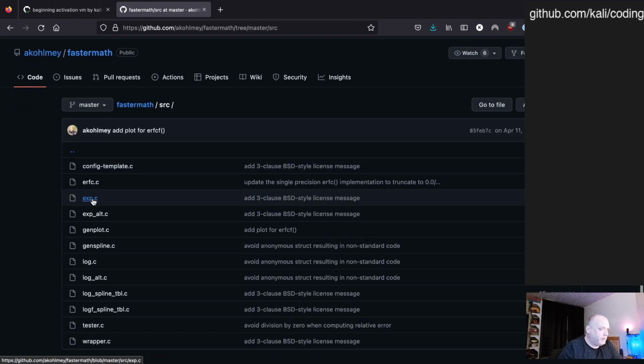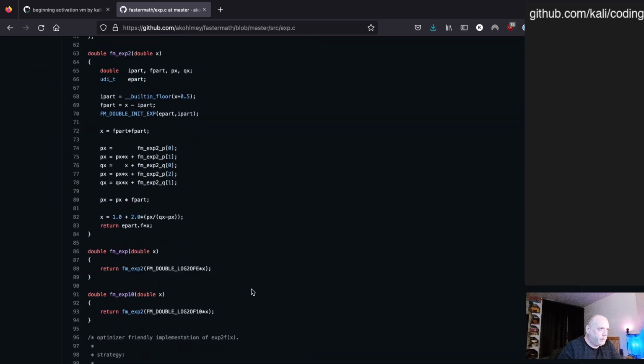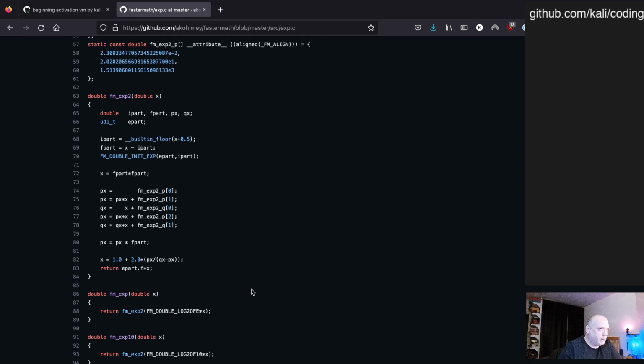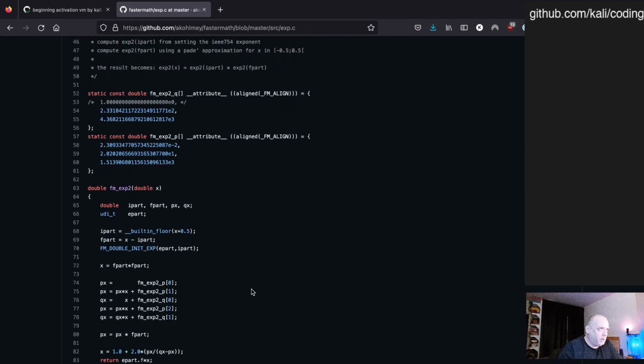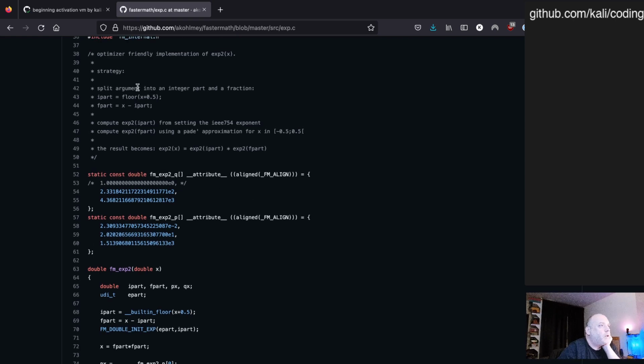And if I look at exponentiation, the typical way to compute exponentiation is to split x between an integer part and a floating point part. And so exponentiation of a plus b is exponential of a times exponential of b.